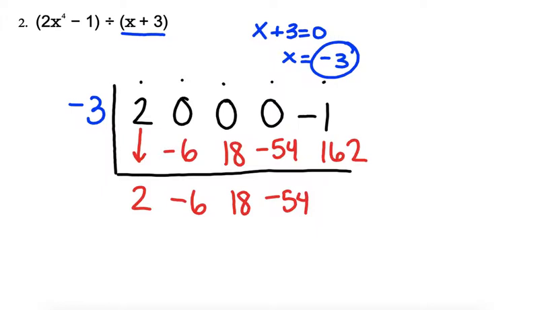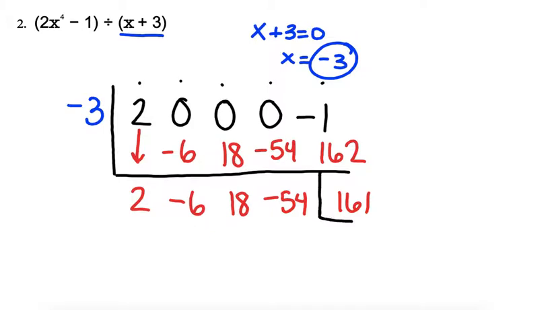Hopefully I did my math right. Add down, I get 161. So my remainder this time is 161. I started with x to the 4th. Now you could start with an x to the 3rd or an x squared. I started with x to the 4th, so now my leading term is going to be an x to the 3rd.